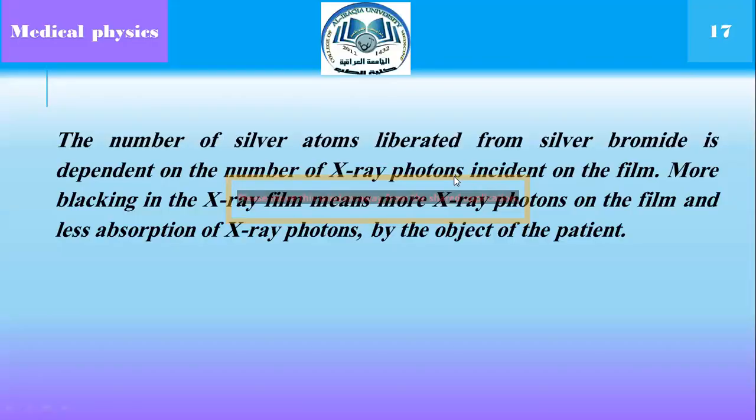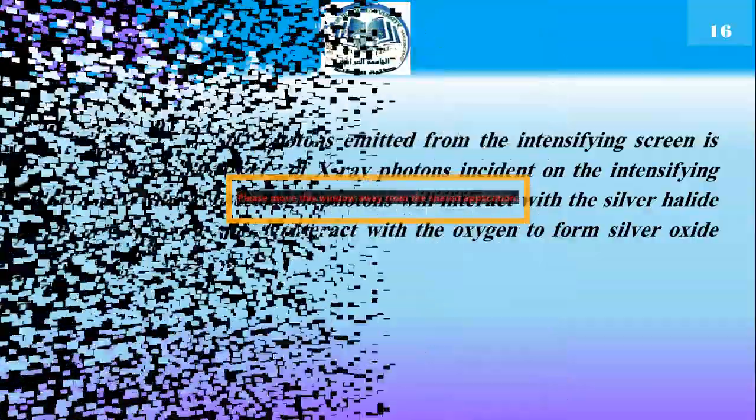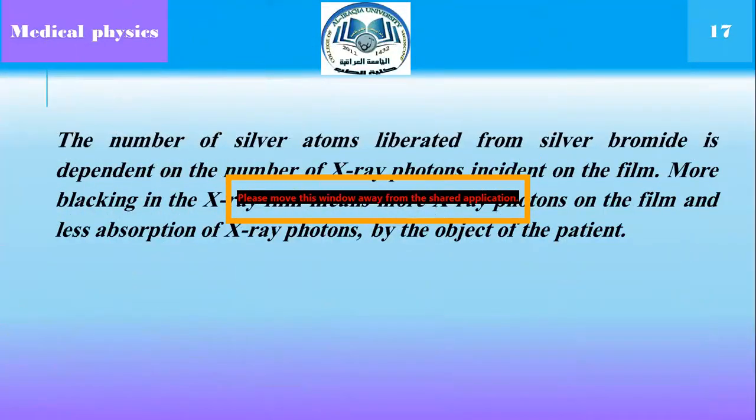Then the emitted light photons will interact with the silver halide, making silver ions, which interact with oxygen to form silver oxide, which has a black color.